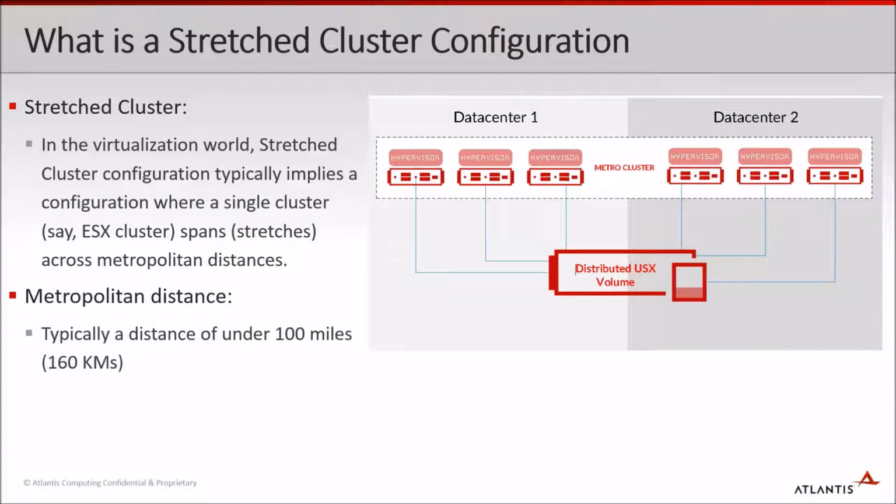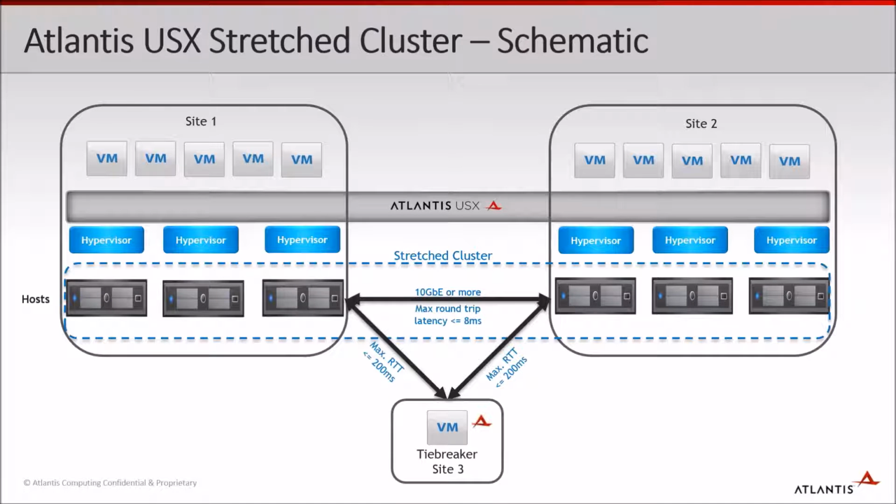At Atlantis, what we did is we looked at the traditional and typical stretched cluster solutions, and then we said, what can we do better? So what I'm representing here now is the Atlantis stretched cluster solution. And you can see here we have site 1 and site 2. These are your production sites. Both sites can be production.